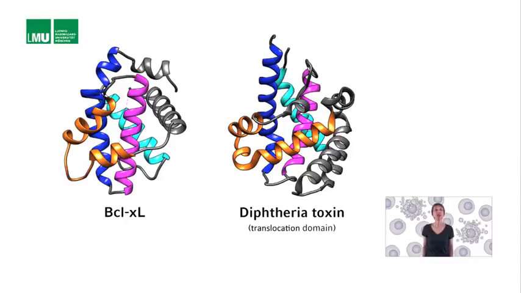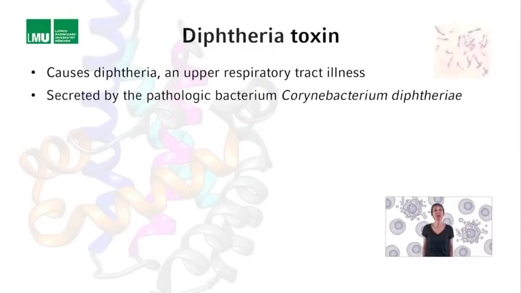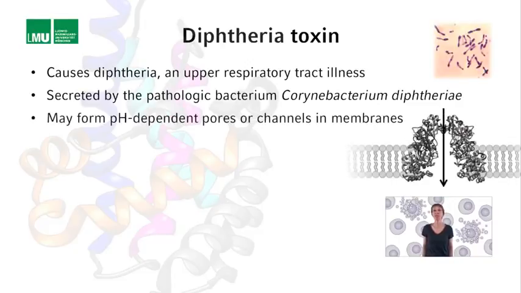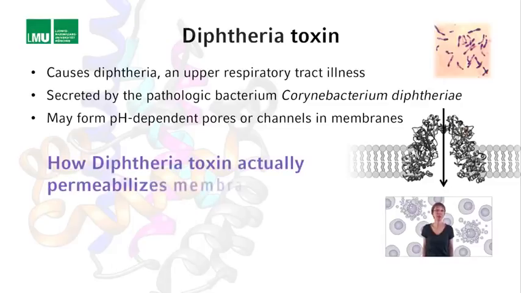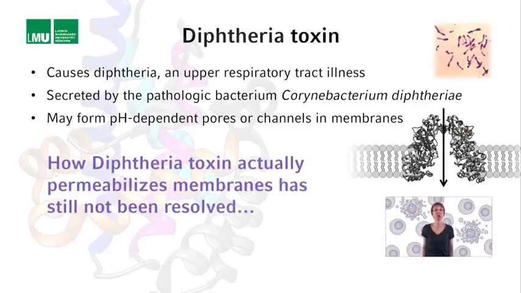Diphtheria toxin is a toxin that is secreted by the pathogenic bacterium Corynebacterium diphtheriae, which causes diphtheria. At the time, it was thought that diphtheria toxin permeabilizes membranes by forming a dimer, which then could form a pH-dependent membrane pore or channel. However, how diphtheria toxin actually permeabilizes membranes has still not been solved.